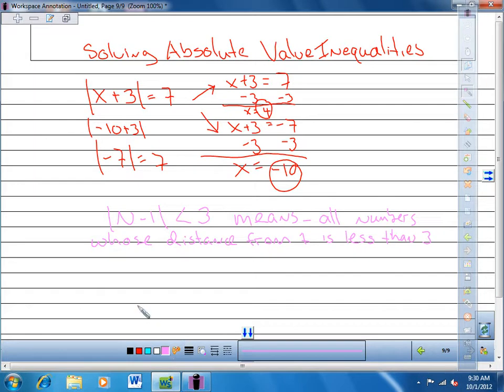Okay? So all the numbers whose distance from 1 is less than 3. Okay? So you can even kind of solve this by doing it graphically.